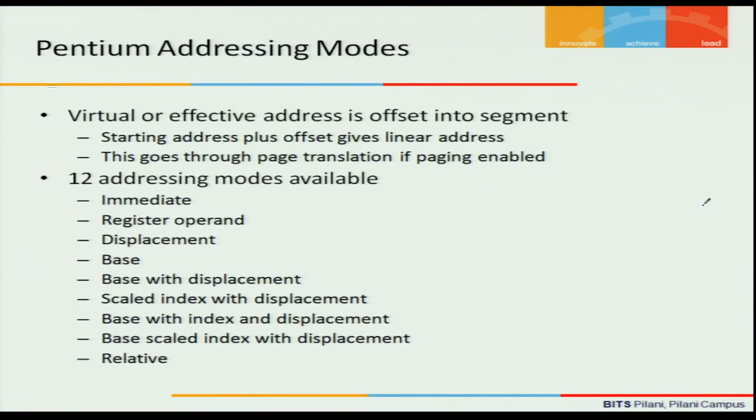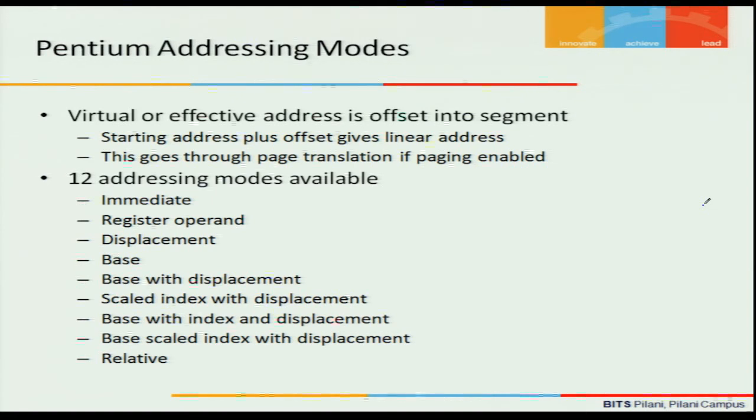Now the next thing would be, as I was telling you, the present day processors, for example, if you see the Pentium addressing modes, you will see there are 12 addressing modes which are available.